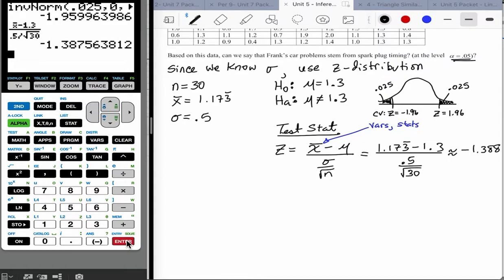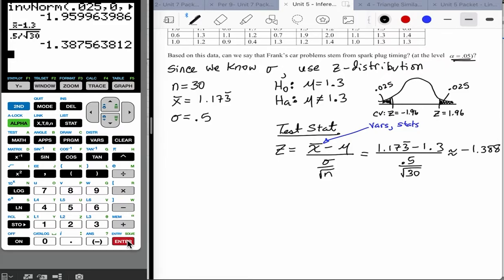Again, to find the p-value, we need to work with the most accurate form. You want to work with the most exact form until the very last step when you start drawing conclusions. So I need the p-value based off of the negative 1.387563812, not the negative 1.388. That may introduce an unacceptable amount of variation.